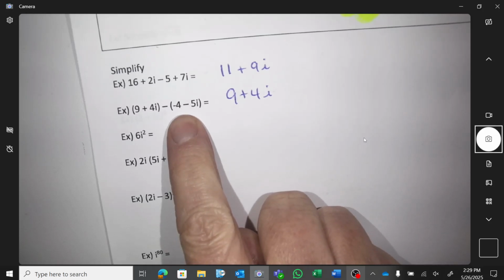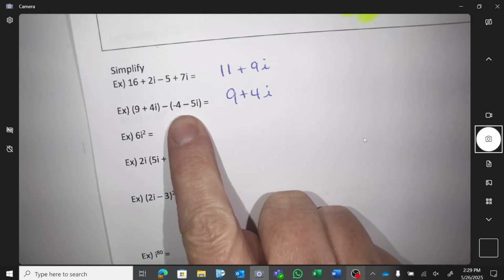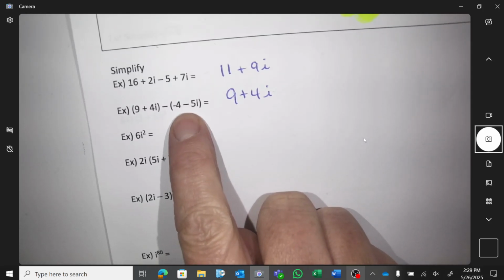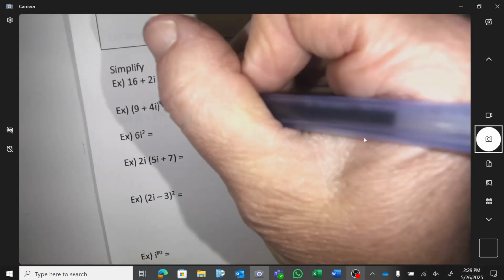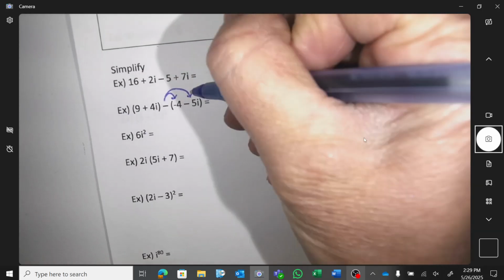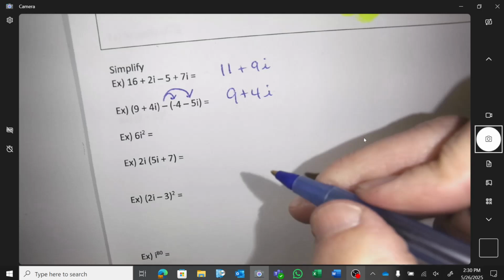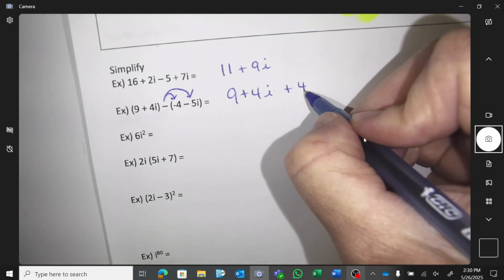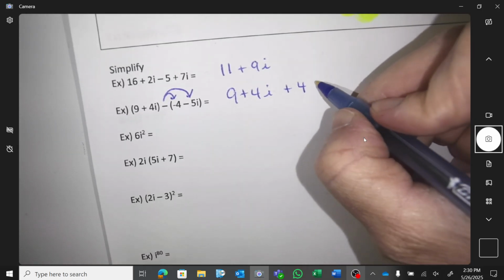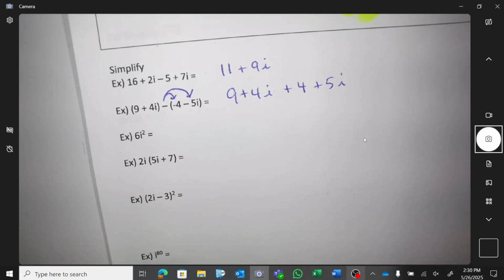Do these brackets change anything about the binomial here? Yes. Distribute the front of the bracket there. So this would really be an add 4, and an add 5i.